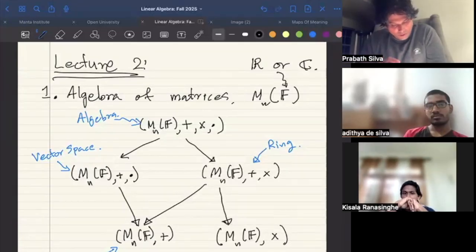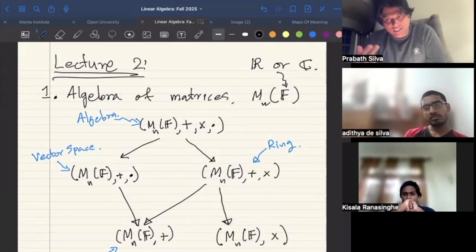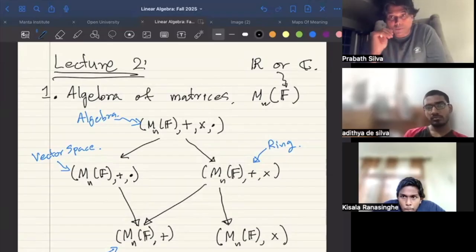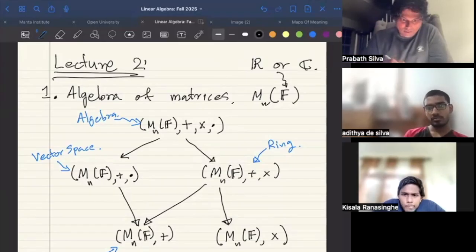We'll talk about it in a bit, but it's going to be closed, associative, and it will have identity, but we won't have inverses. There are some matrices that don't have inverses. So if you just take the matrices under multiplication, it's not going to be a group. It's going to have less structure than a group. So this thing is going to be a monoid.